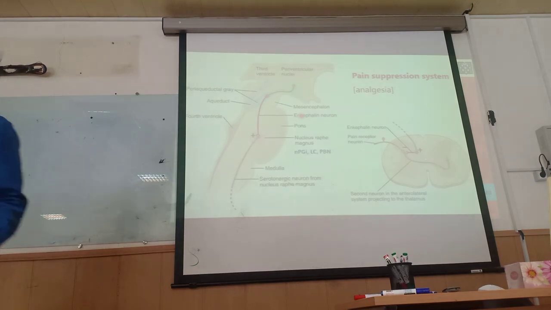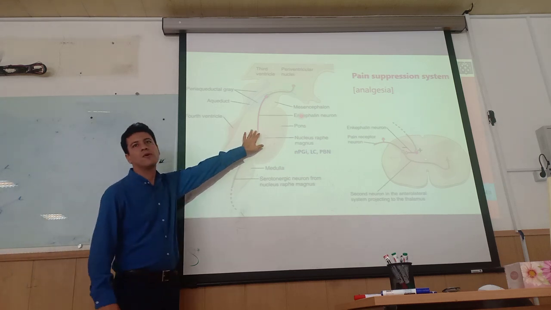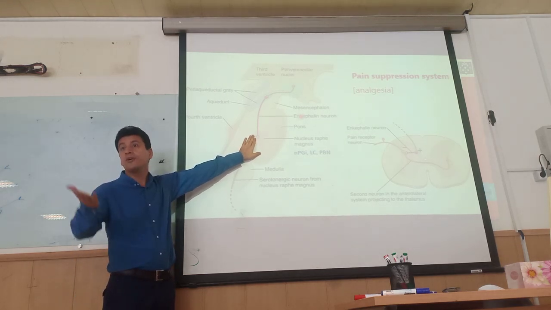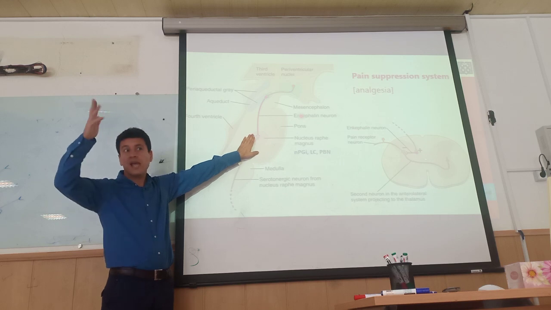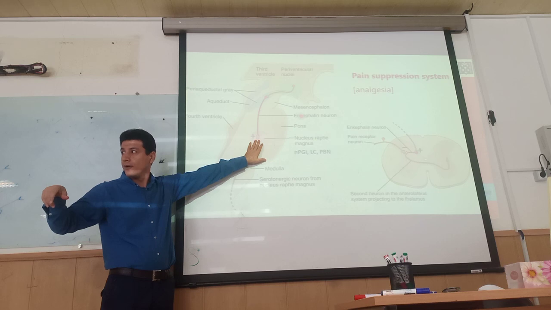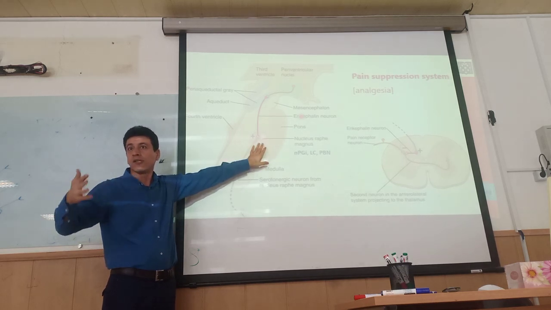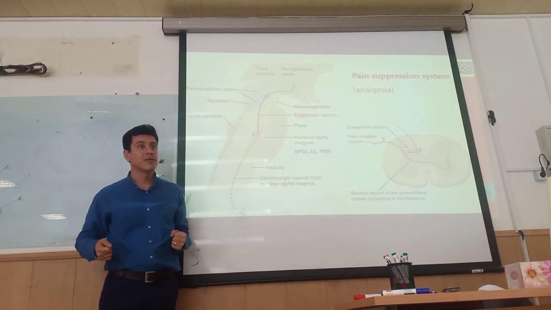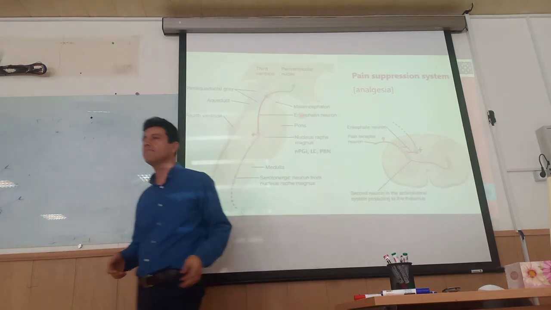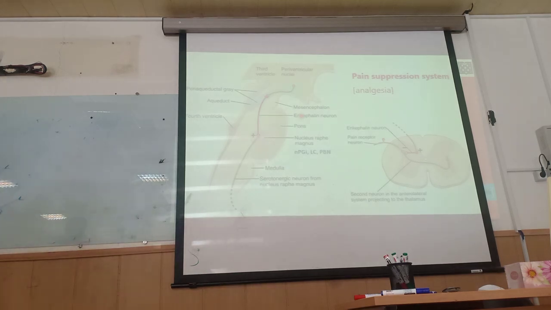So, when you take this person to the hospital, then they feel severe pain. Okay? Because this system no longer works. Why? Because it depends on the emotional state. During the match, the emotional state is very high, the brain is active, okay? The person is in the condition of the match, so this system is active, so it blocks the pain. But in the hospital, there is no emotional state, okay?